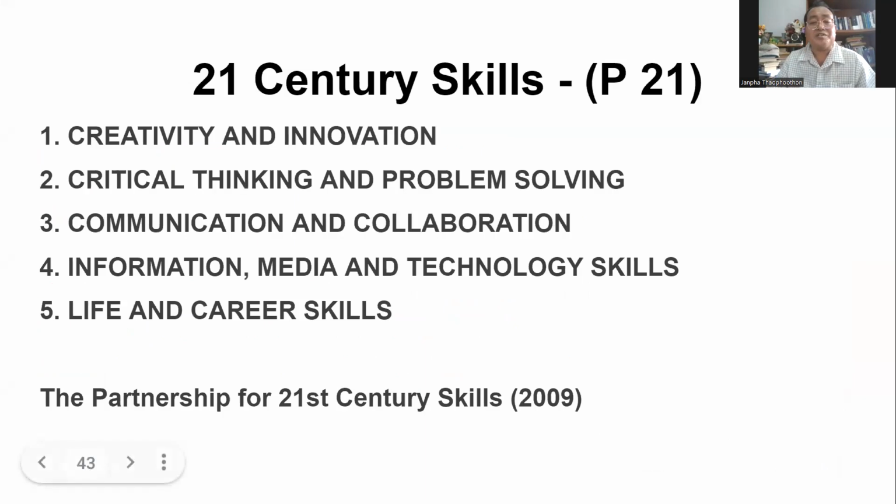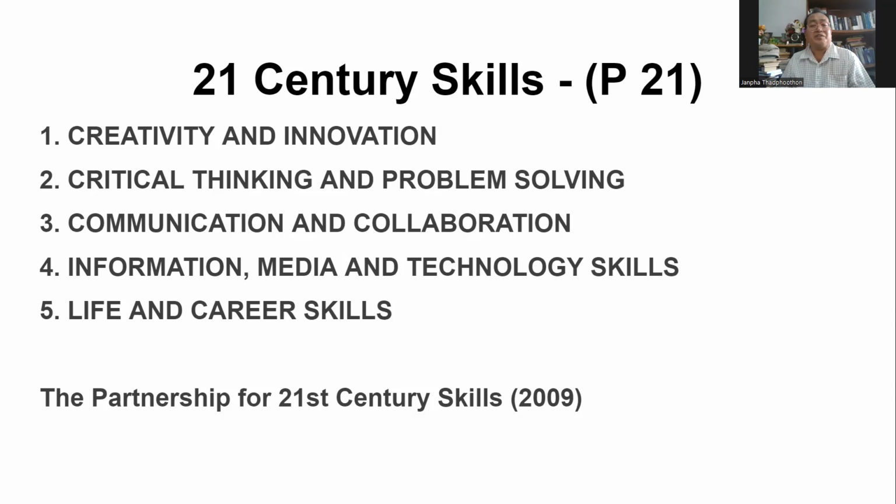Now, in education, we have heard about the P21 group, the Partnership for 21st Century Skills. These are the skills and competencies necessary for working and living in the 21st century. I think we have been informed about it for almost 20 years.